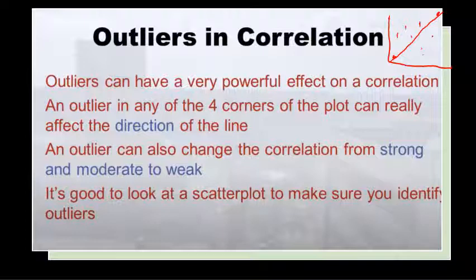Outliers can even change your correlation, going from strong to weak or moderate to weak, or they can switch around your correlation. So it can tell you a different story just because of those outliers, and that may or may not mess with your study or your data.